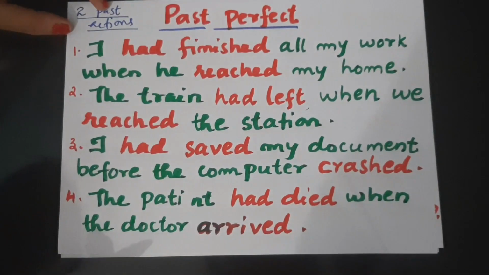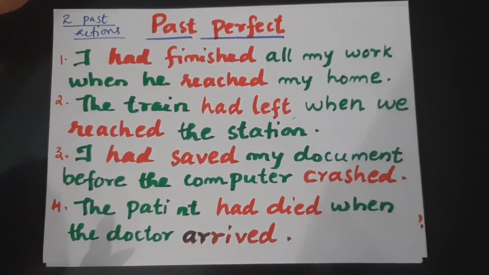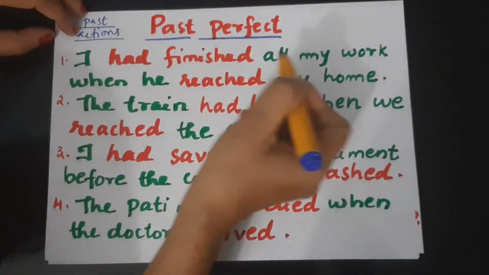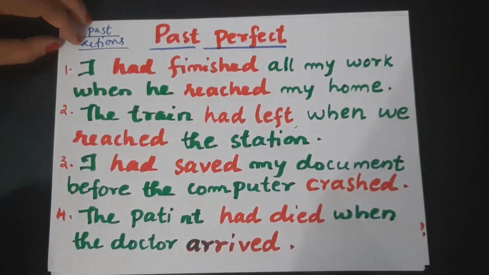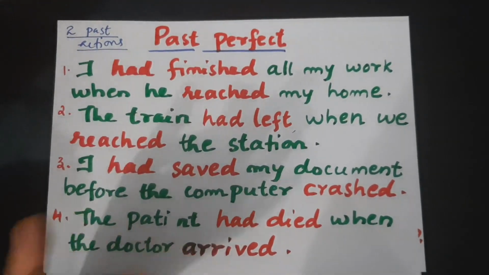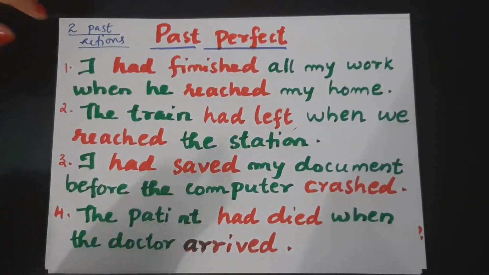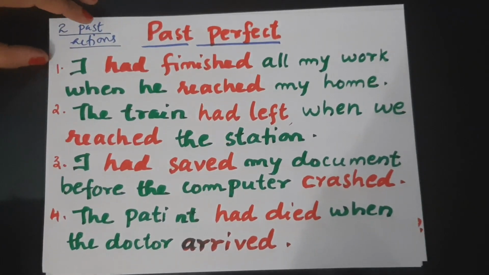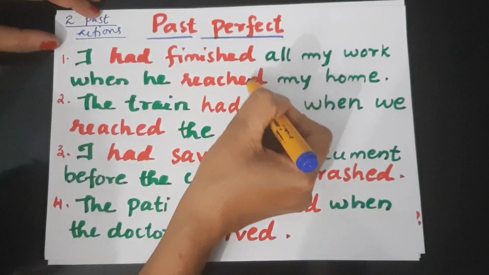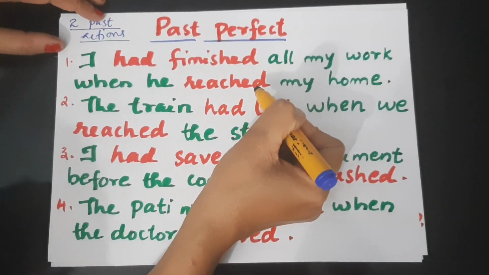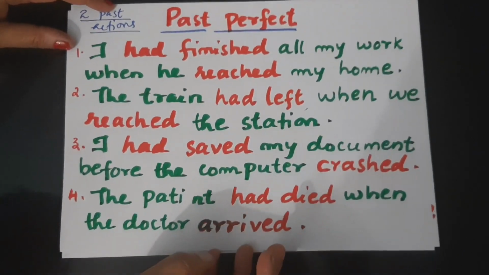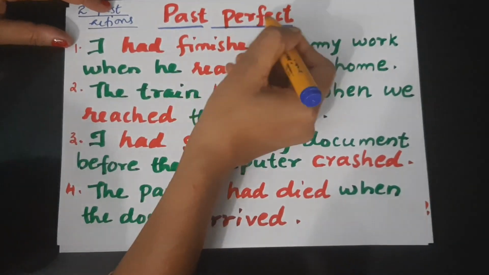So which action happened first? The first completed action is I finished all my work. That is the action that happened first. After that only he reached my home. So when you get two past actions, before the first completed action, you can use past perfect tense.